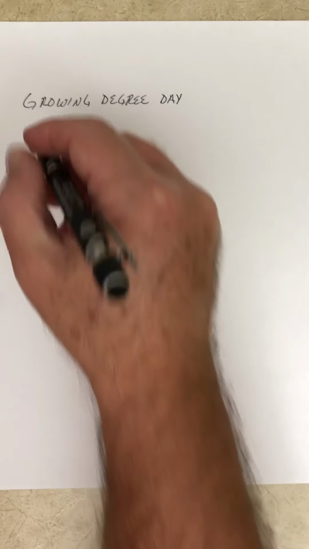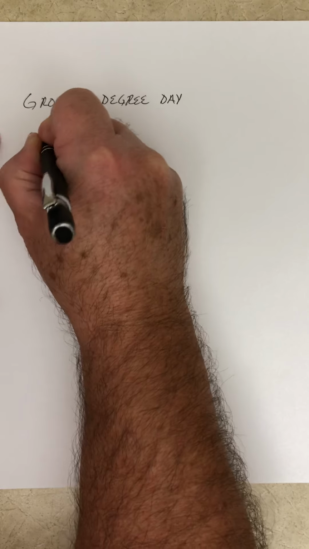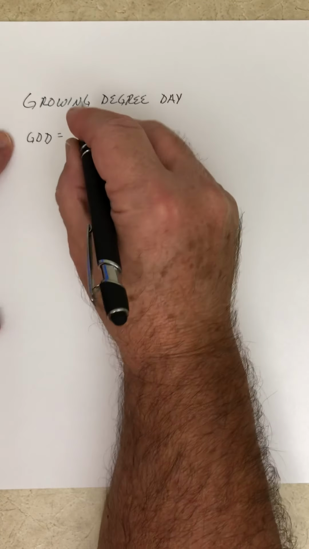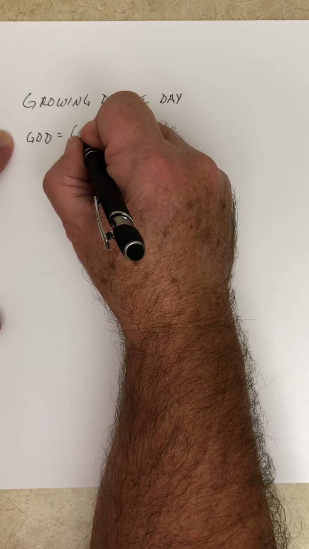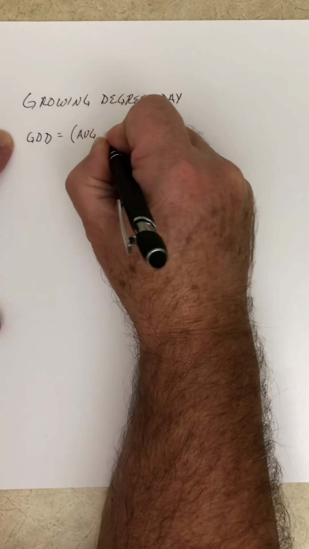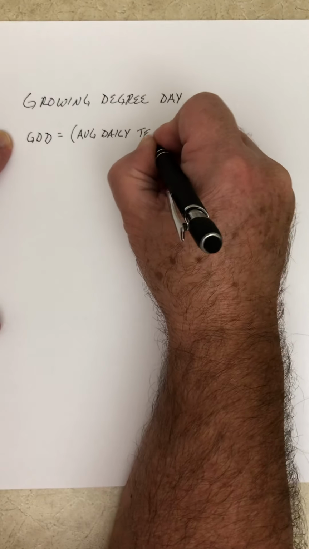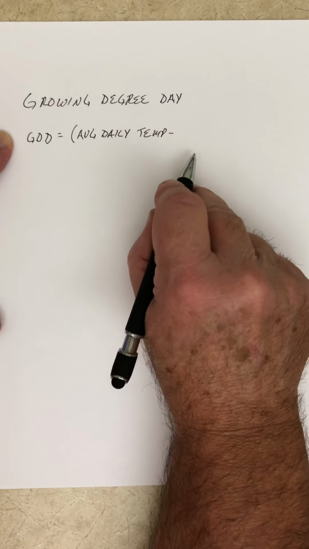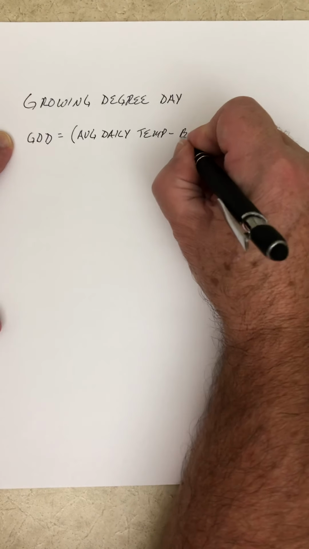Okay? So growing degree days, again, very simple calculation, very similar to the calculation for cooling degree days. It's going to be the average daily temperature minus, okay, this time though, it's not 65 degrees, it's going to be a base temperature.